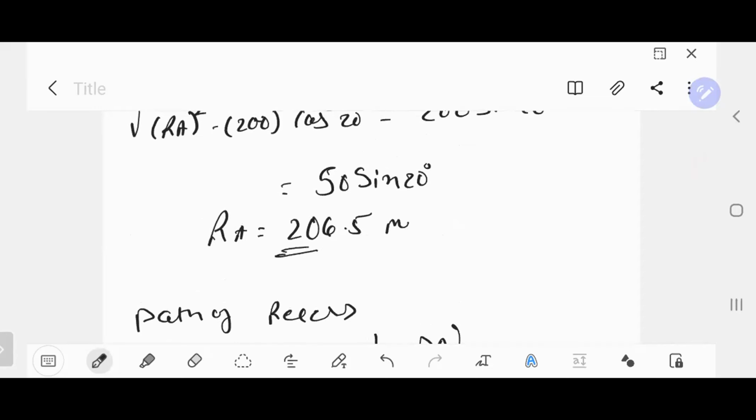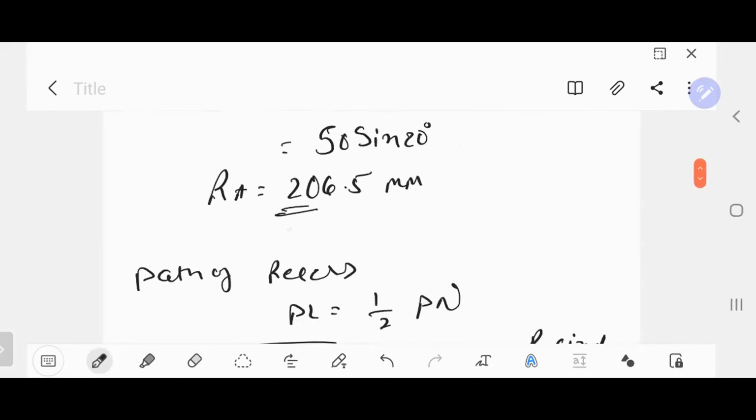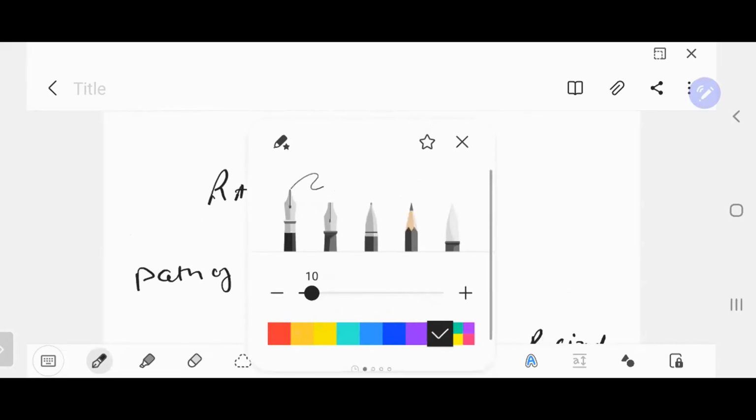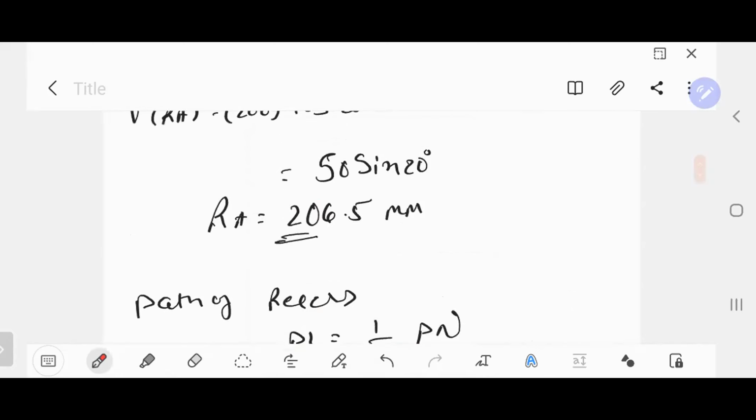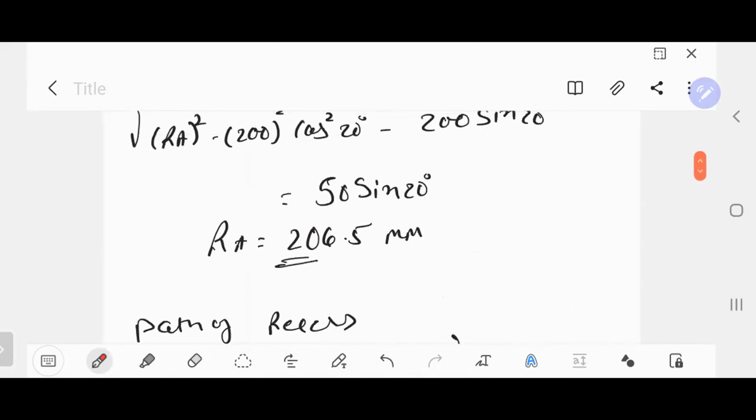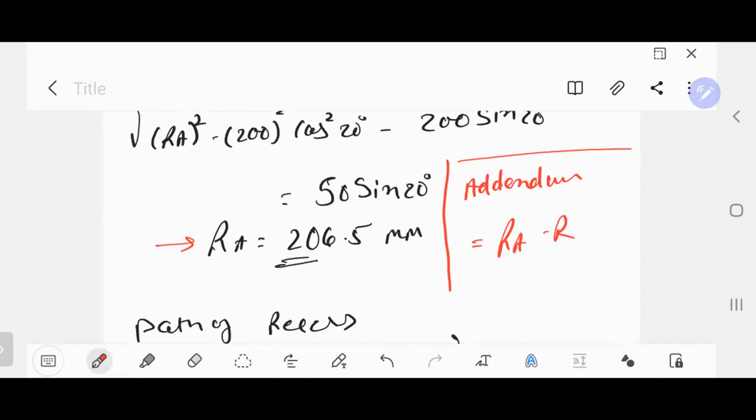RA, radius of addendum. So addendum is actually what? Just one minute, everyone please focus on the screen, online students also. We have the answer RA, that is 206.5. But what we are finding is the addendum. So addendum is equal to RA minus R, radius of addendum minus pitch circle radius.